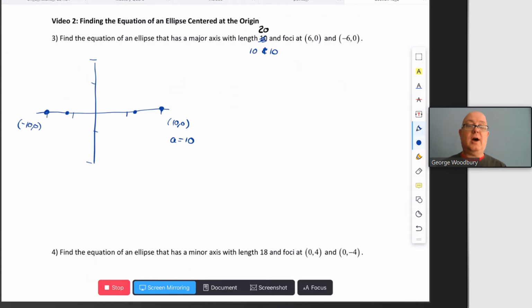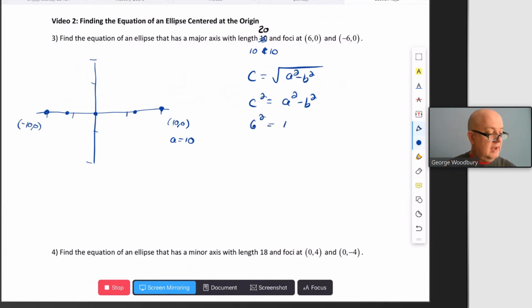So what we've really got to figure out here is what is the value of b, that tells us how far above and below the center to go. And we know that c equals the square root of a squared minus b squared, but that also tells us that c squared equals a squared minus b squared, and we can solve for b from here. c is 6, so 6 squared equals a is 10, 10 squared minus b squared. 36 equals 100 minus b squared.